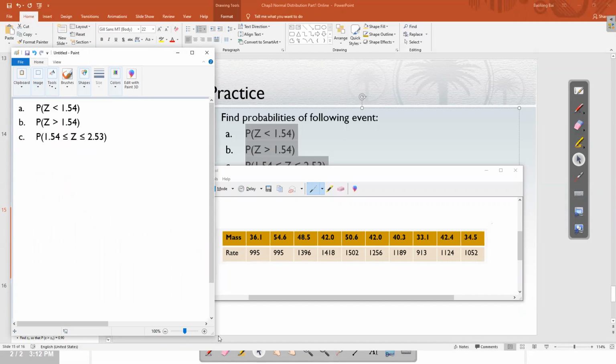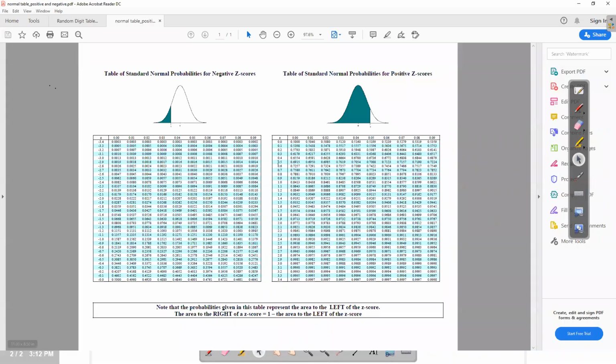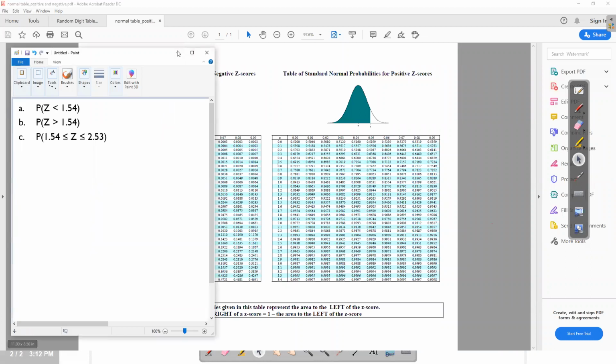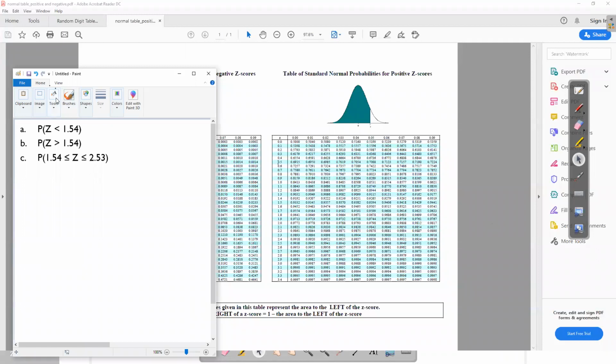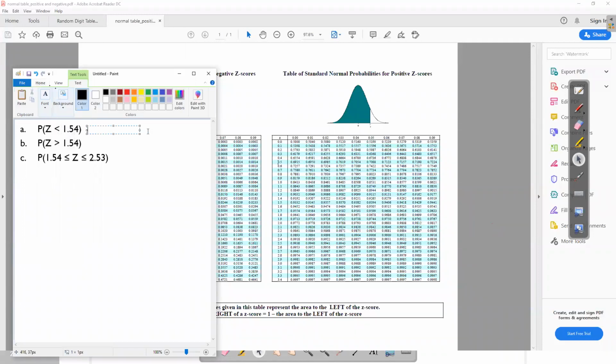It will be helpful to draw density curves, but if you already have a good understanding of this, then you don't have to; drawing the density curve will definitely help, though. For the first one, this is a smaller-than sign, which is consistent with the Z table. So we look up 1.54, 1.5 and 4, and the matching probability is 0.9382.